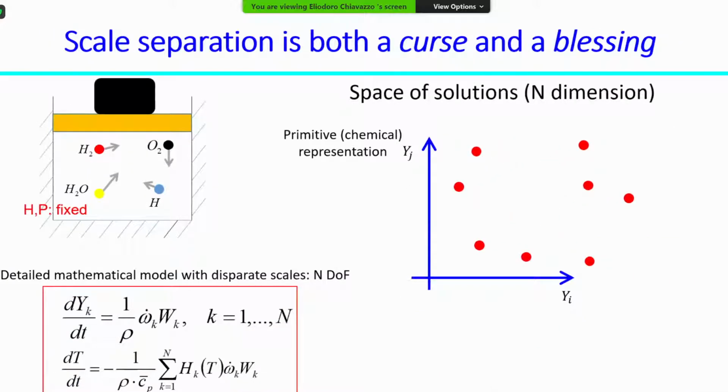So the point is, we should realize that the scale separation in detailed models is a sword with two blades.